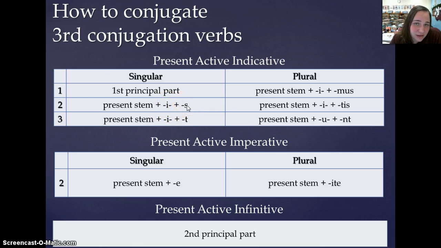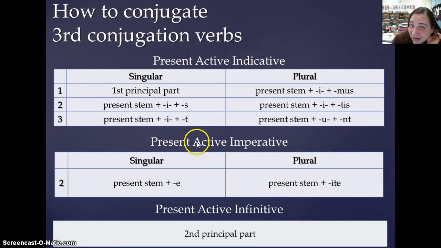So for the second person singular, that's S. Third person singular, I plus T. First plural, present stem, I plus mus. Second person plural, present stem, I plus tis. Third person plural, present stem, and then a U plus NT. There you go. Third person plural uses a U in the present instead of an I.